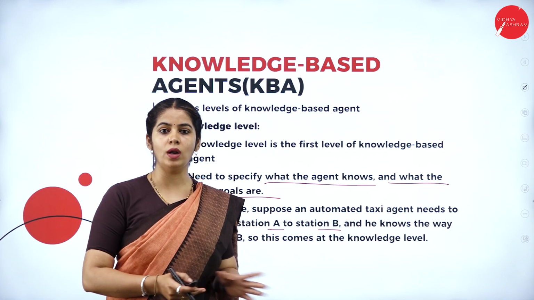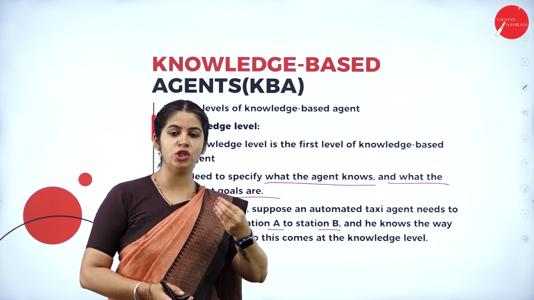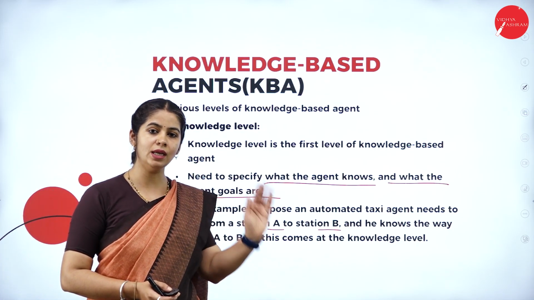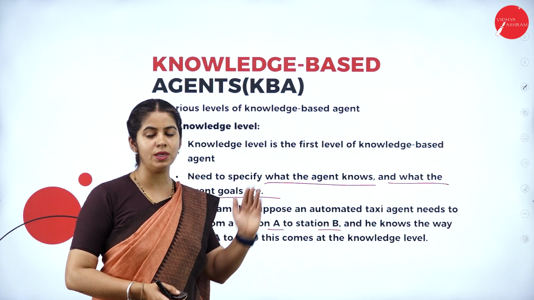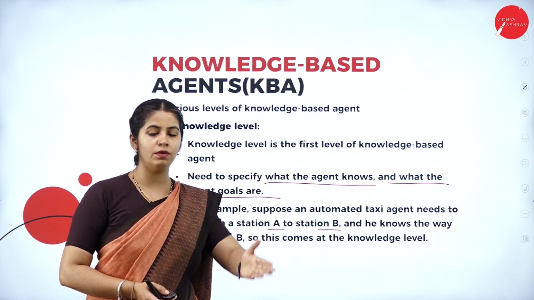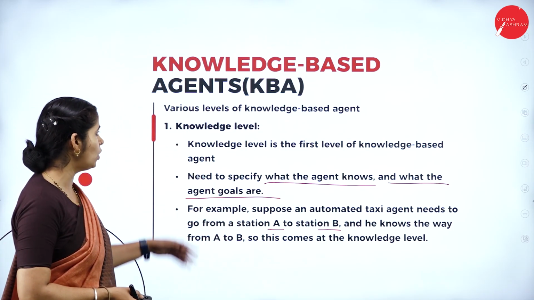We need not do much, and we need not make the machine learn because the learning is already present in the knowledge base. It will just make use of that knowledge base, move in that particular direction and take the action. That is the knowledge level.